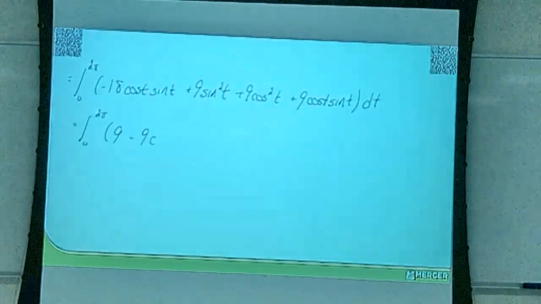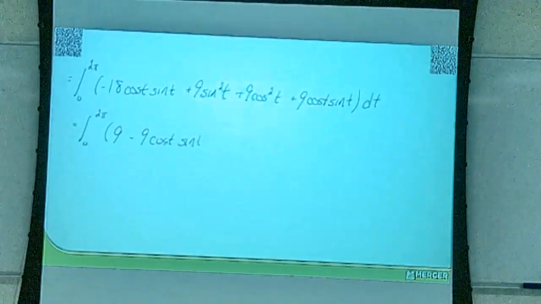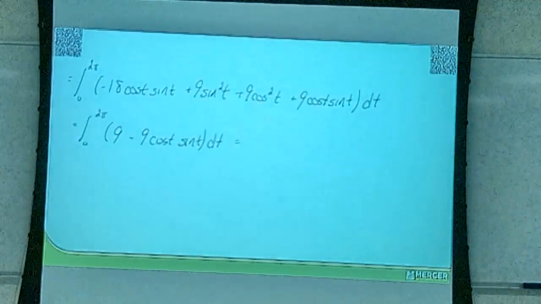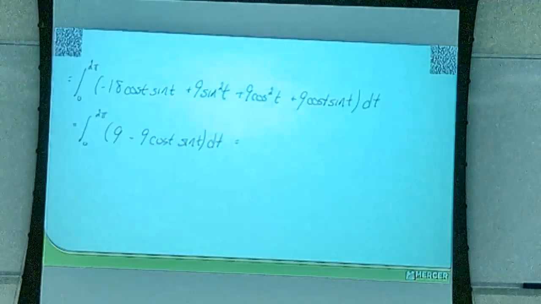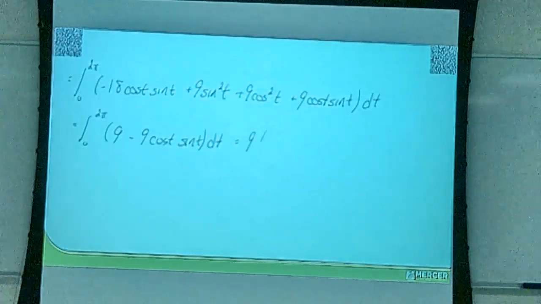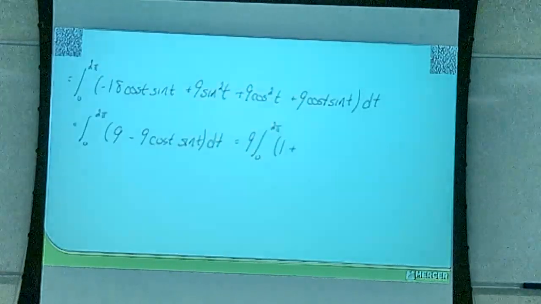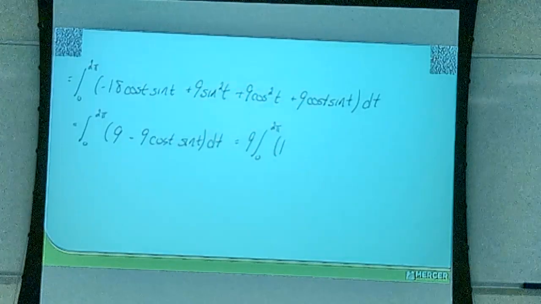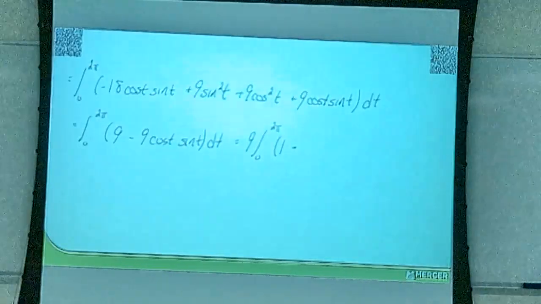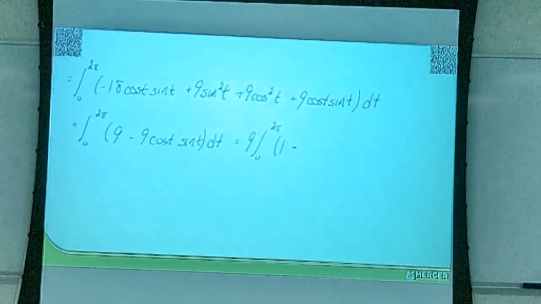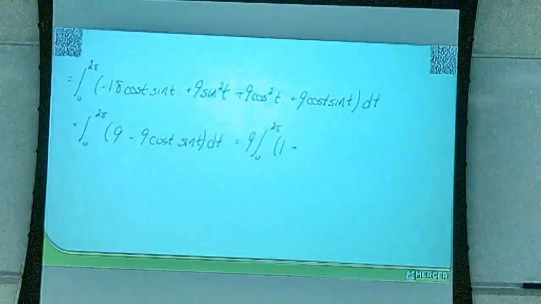Minus 9 cosine times sine. Factor out the 9. But look what we're left with: sine times cosine is a half sine of 2t.